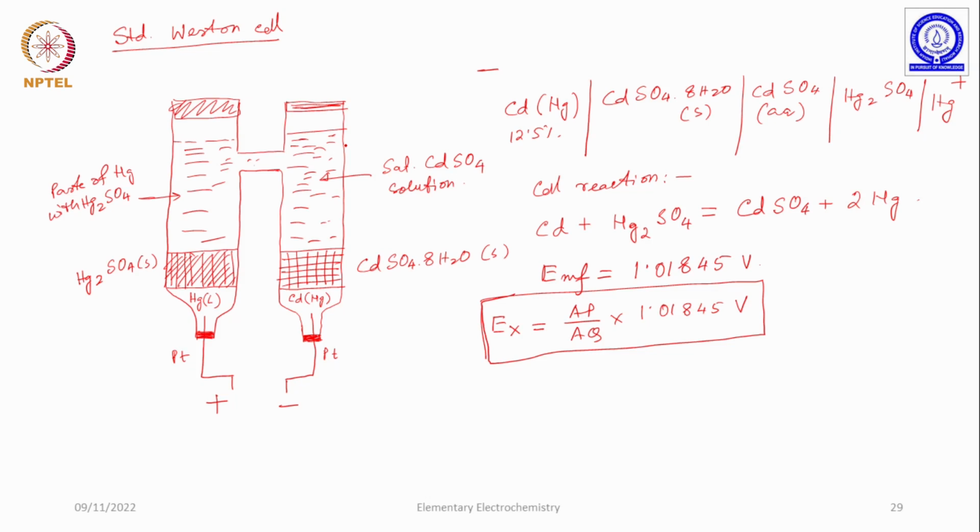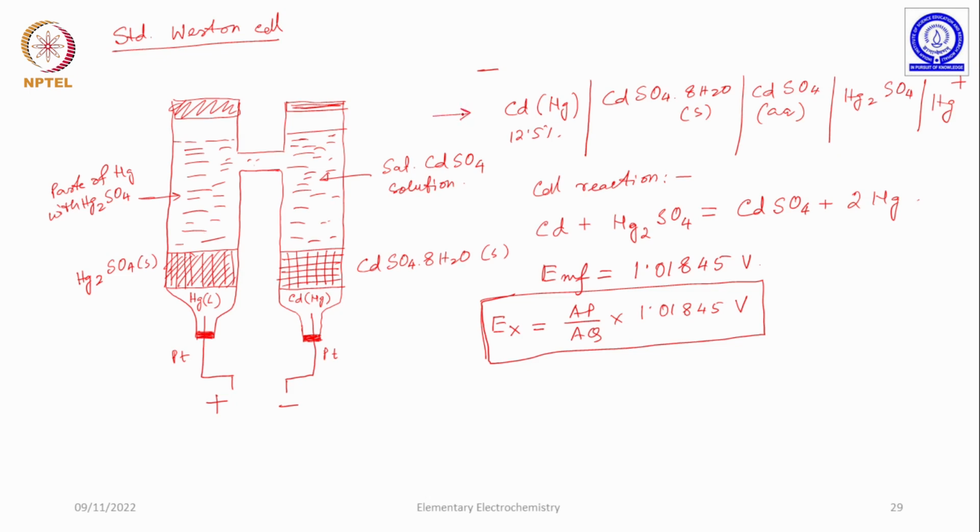You can find in standard textbooks some problems related to how to determine the EMF of a cell using a potentiometer. There you may find some problems where the specific resistance or resistivity of the wire is given, and from there you calculate the resistance, or the length is given and all that. Those problems you can try to solve yourself and practice writing and drawing the cells, and then writing the cell in one line the way I have written.